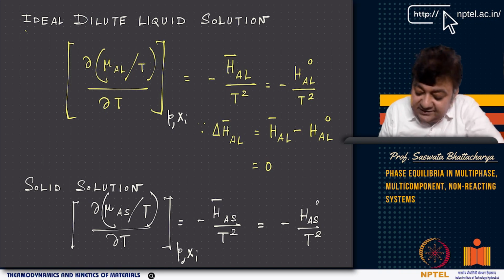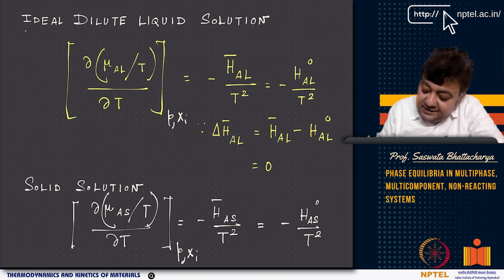Similarly, for mu A S, we can write it is H bar A minus H bar A S by T square, which is basically minus H bar A 0 by T square. The partial molar enthalpy of component A in the solution by T square, and the molar enthalpy of component A in the pure state, the difference between them does not exist.